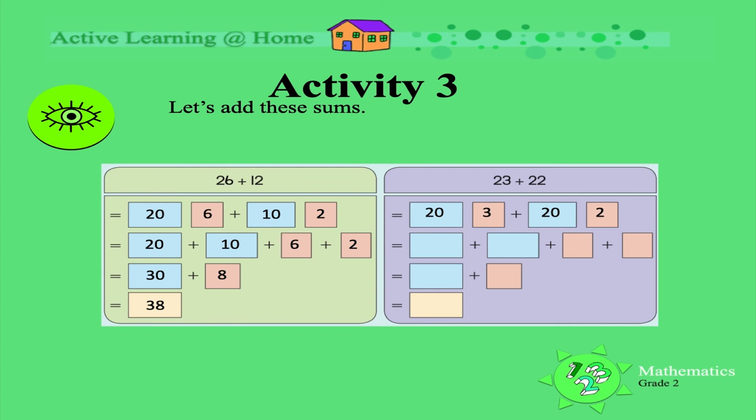Our next step is to group our tens and group our ones. 20 plus 20 plus 3 plus 2. We know that 20 plus 20 is equal to 40, and 3 plus 2 is equal to 5, and 40 plus 5 is equal to 45. 23 plus 22 is 45.